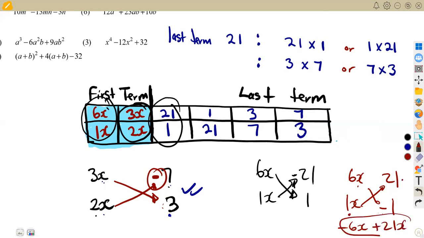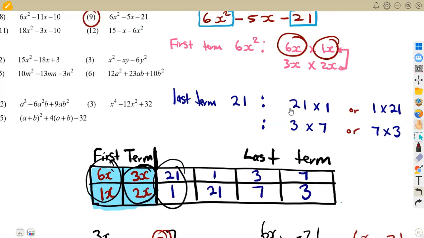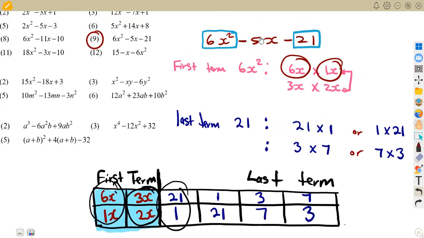I add and see if I get what is in the middle term, which is this negative 5x. If I do not get this, it means those are invalid. I move on until I get it. You also have to take values which are a little bit closer to your answer.